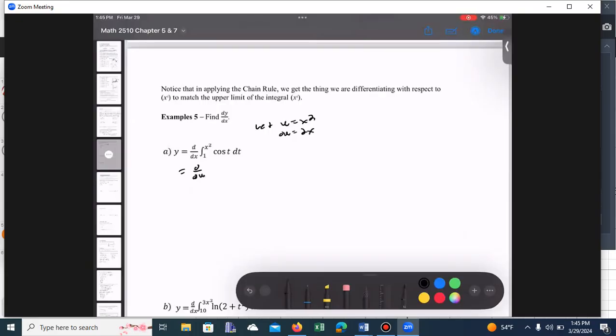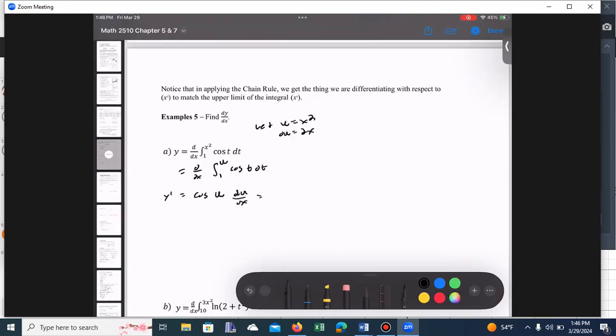So y prime will equal cosine of u du/dx.